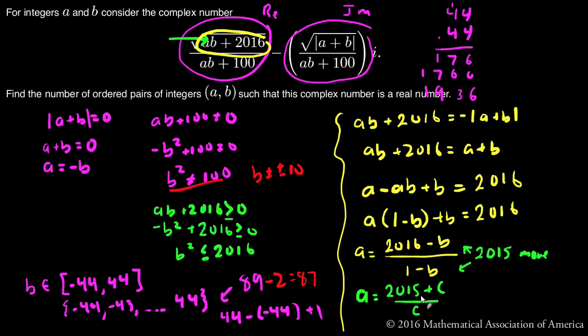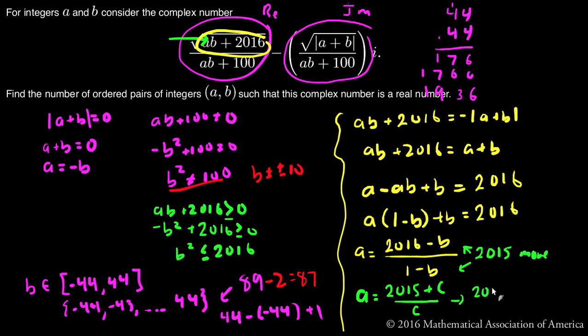These are equivalent, where C is 1 minus B. So when you put in 1 minus B for C, you get the exact same thing up here. But in this case, I can now work it out this way.